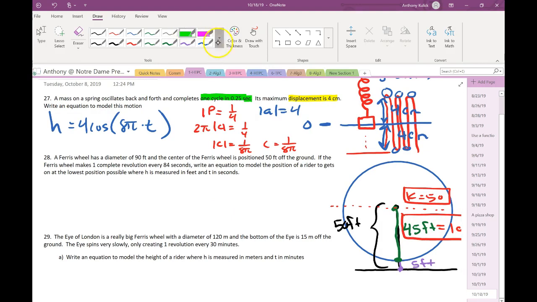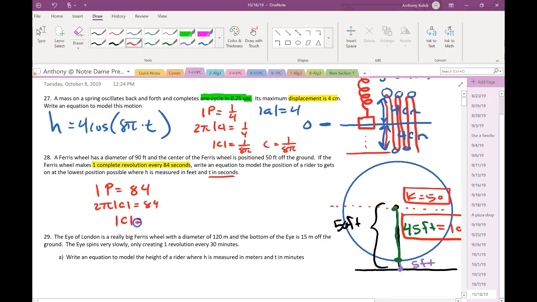To figure out the value for c, what information am I going to use? 1 revolution is equal to 84 seconds. Note that I want to write my function in terms of t seconds, so I know that just 1 period is going to equal 84. So 2 pi c is going to equal 84. So the absolute value of c is going to be 42 over pi. Everybody happy with that? Good.